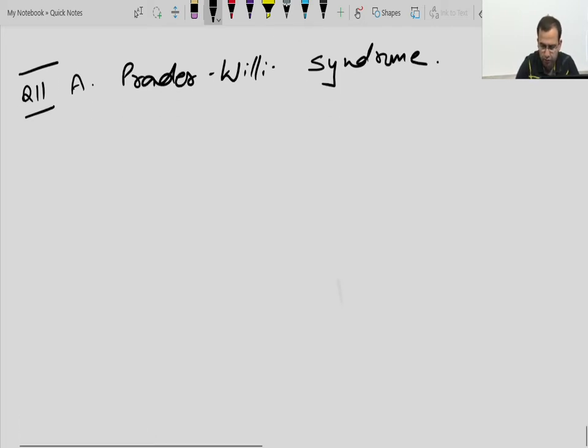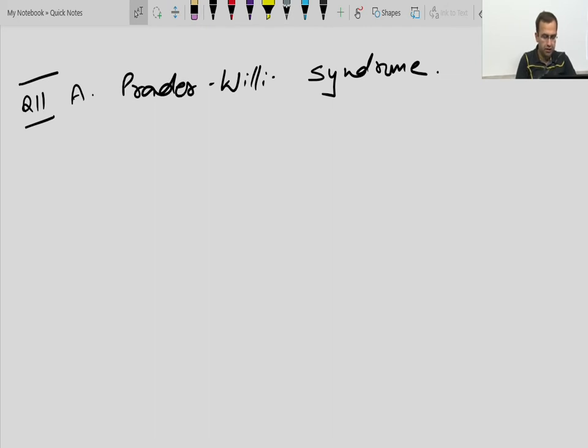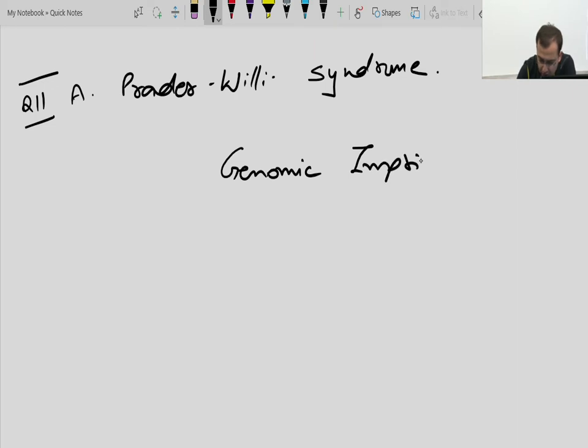Before we go further, let us have a good look at this. Genomic imprinting. This is a topic which you need to understand. You will not be able to rectify this. So, genomic imprinting. What do we mean by this? Starting with extreme basics. The gene that is getting imprinted, is it expressing itself or is it not expressing?